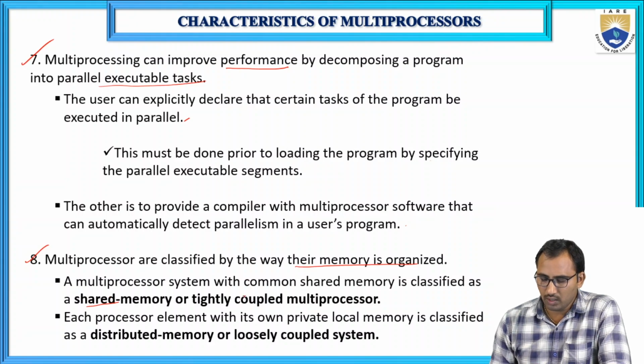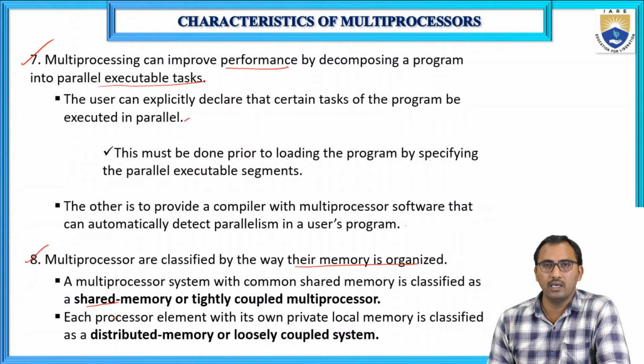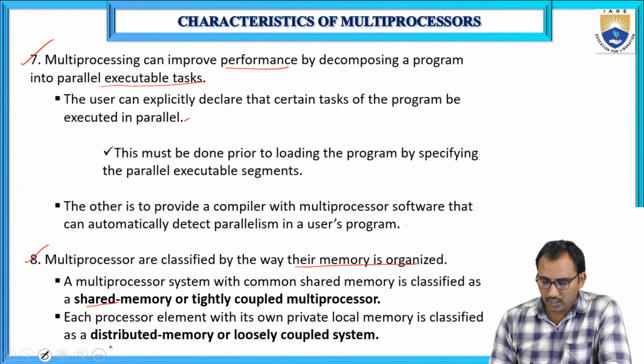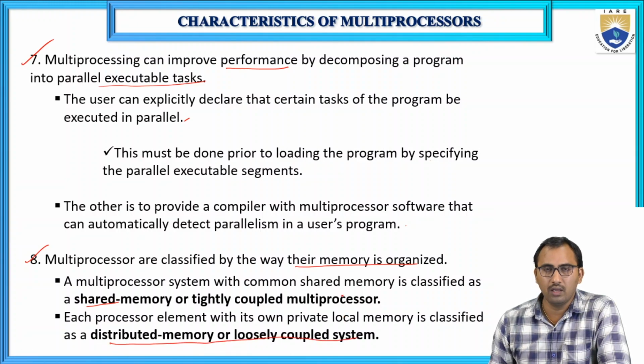Tightly coupled multiprocessor means the multiple CPUs are using a single common memory. Whereas in a loosely coupled multiprocessor, every processor is associated with its corresponding memory, so separate memories are used. That's why it is called distributed memory or loosely coupled systems.